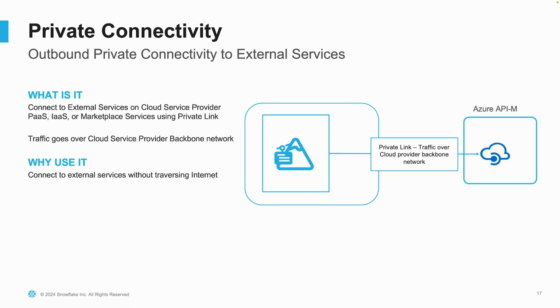So what this allows is any resources or services that are available over cloud provider private link technology can now be connected using external access. Why this is important is that this provides a way to connect to external resources or services without traversing the internet, thereby meeting your security and compliance needs.